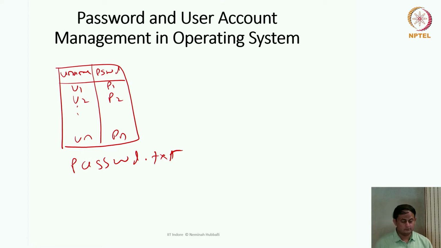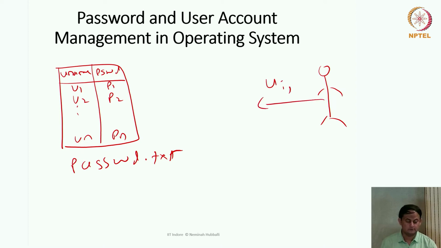Every time some user tries to log into the system, he supplies two things: the user ID, that is the username, and the corresponding password. So you can go back and check in this plain text file whether any of the usernames in this column match that username.